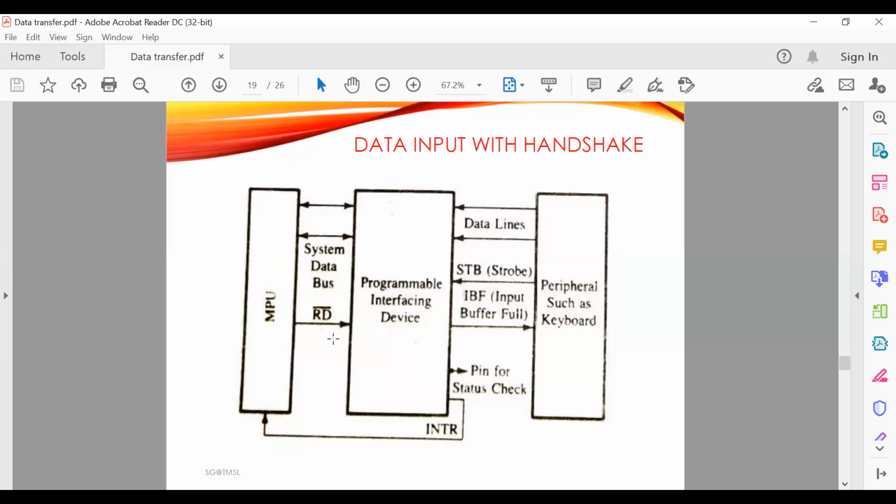Next, the microprocessor reads the data byte by sending the control signal read bar, and through the data bus it is read from this device. So there are two handshake signals in this input mode. One is called strobe, another is input buffer full.